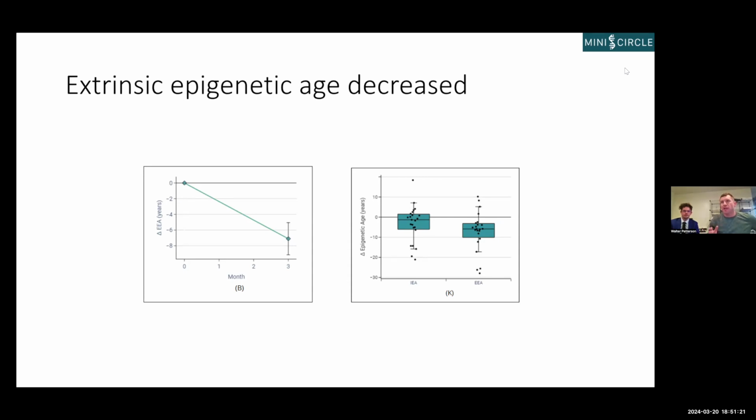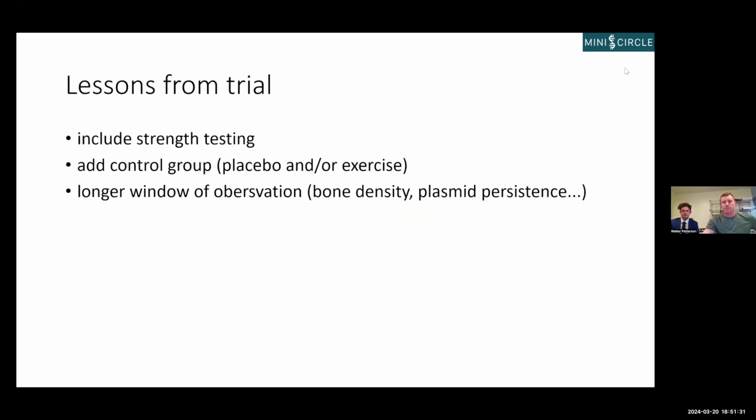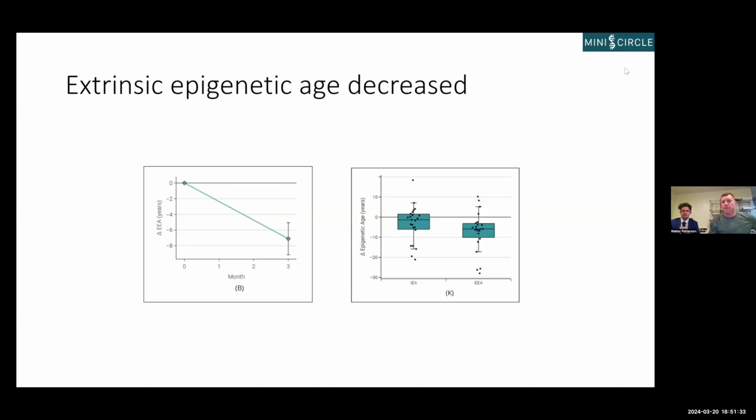So intrinsic, extrinsic, and telomere length all improved, but extrinsic epigenetic age was statistically significant. And the Dunedin pace did not change, and the improvements to epigenetic age were more pronounced in older age groups.